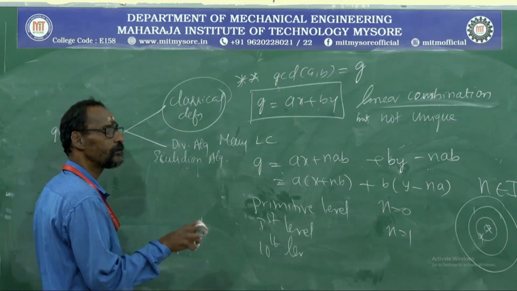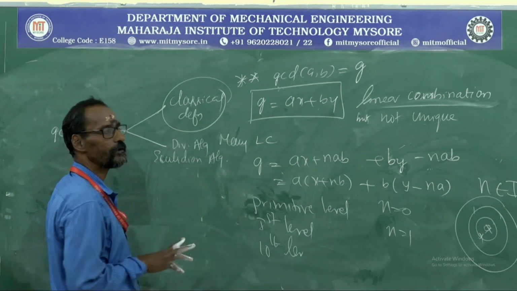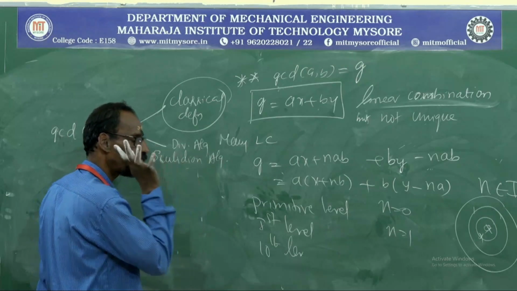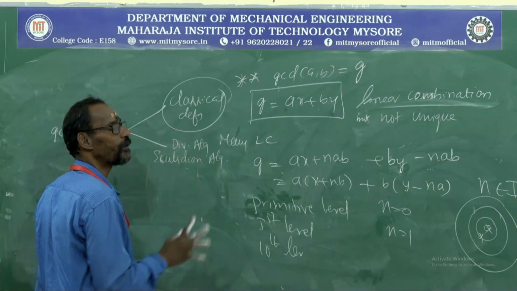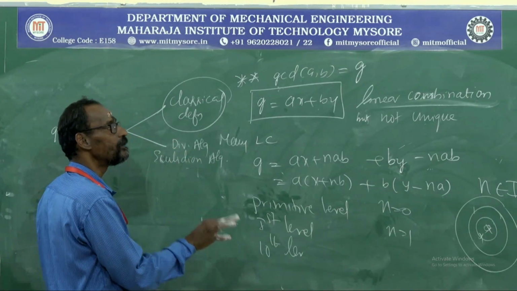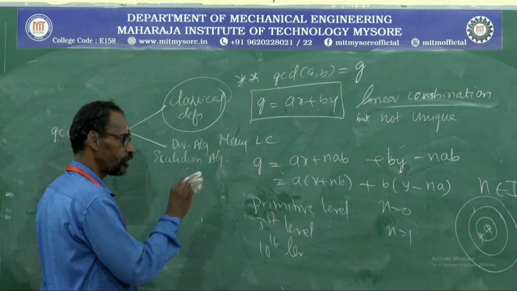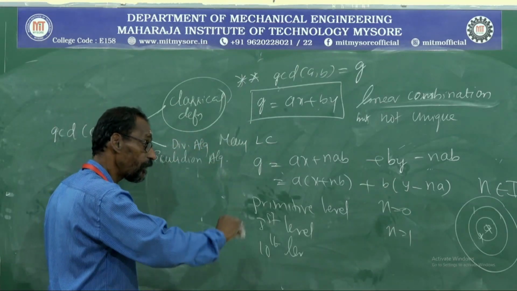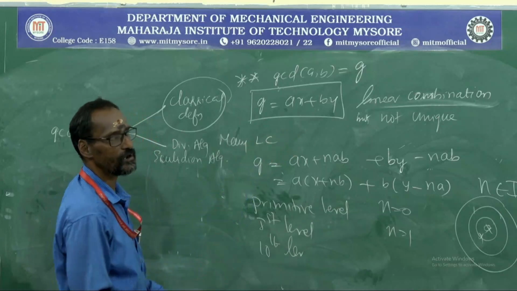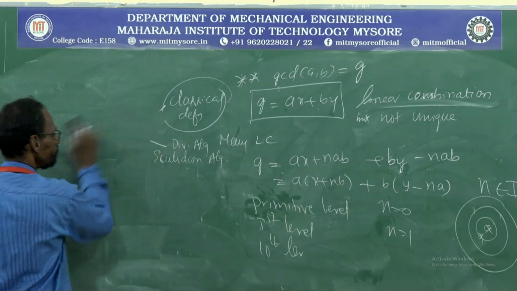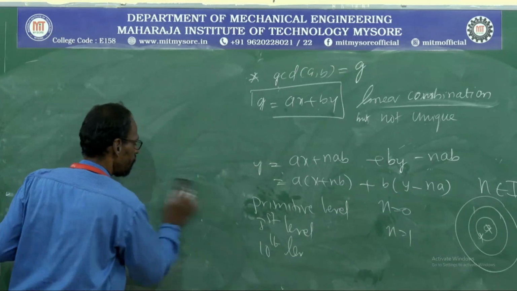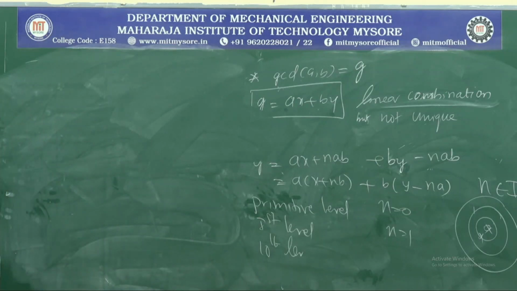That is why we got cyber security, coding and decoding, high security components. It can be done easily with higher level linear combinations of GCD. I will show you one example of how we can do a linear combination.